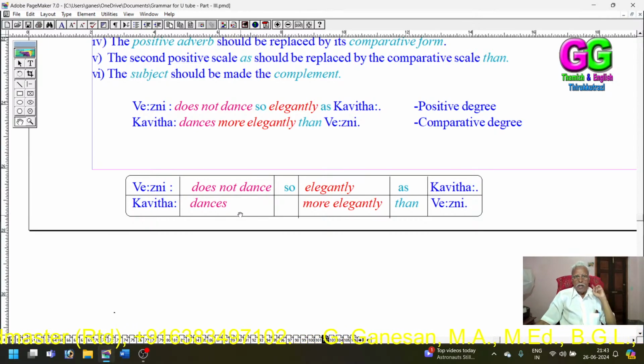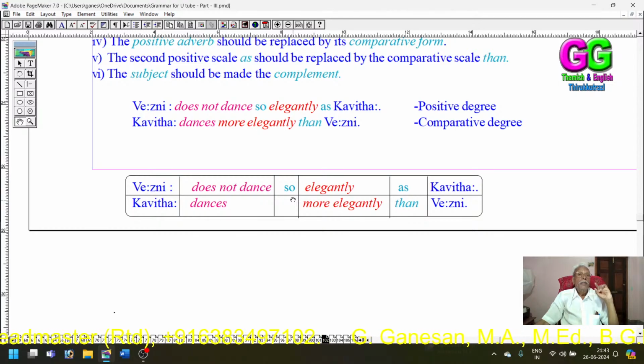If the subject is plural, we have to use dance. If the subject is singular, then we have to use dances. So we have used dances. So the negative verb does not dance has been replaced by the positive verb dances.